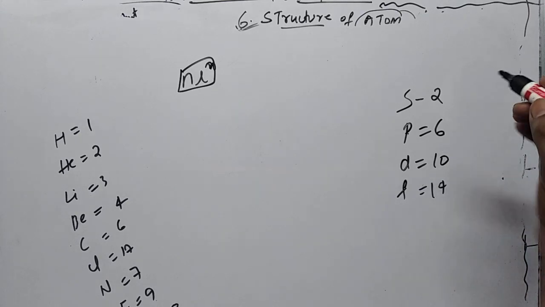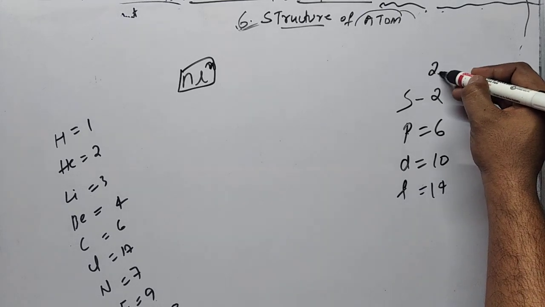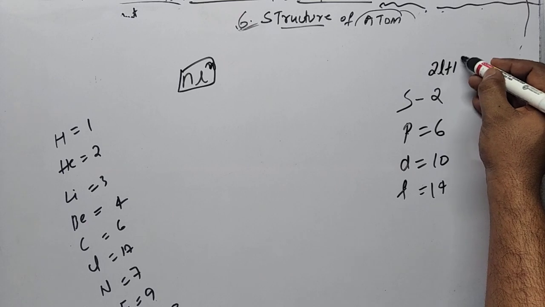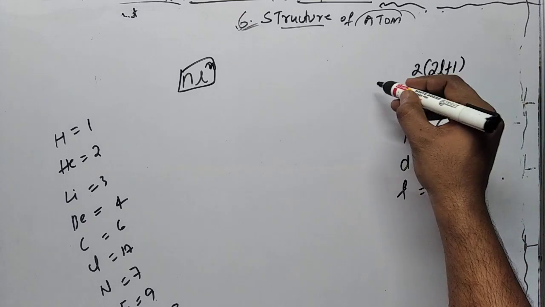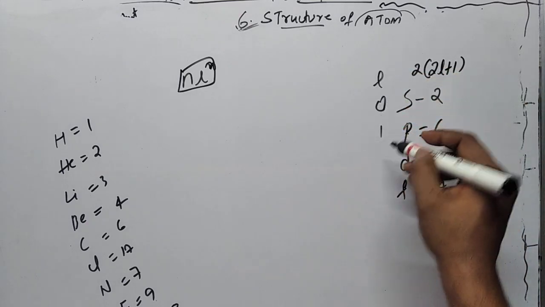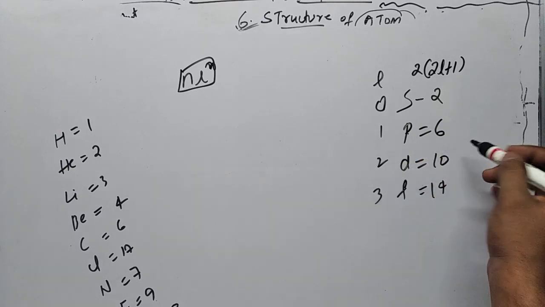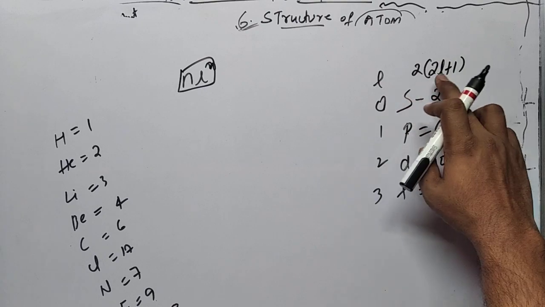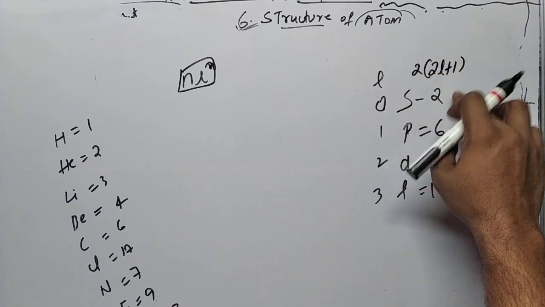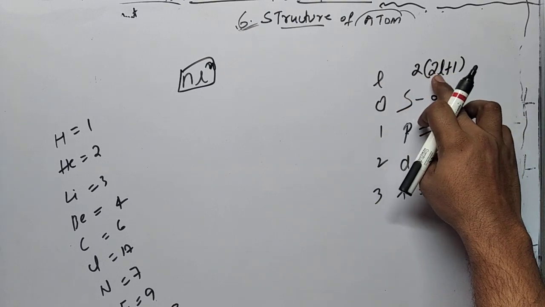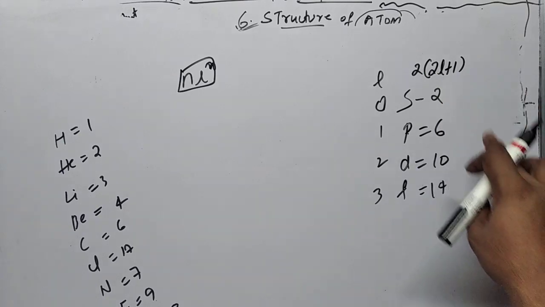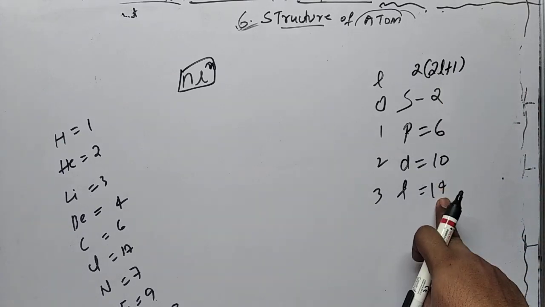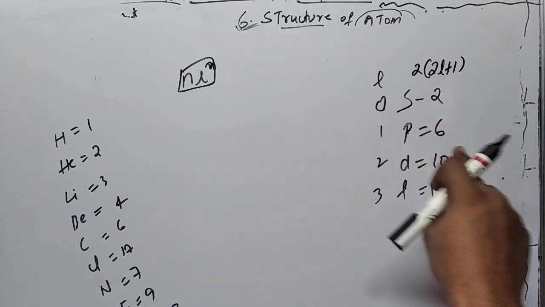This value comes from 2 into 2l plus 1. The l values are 0, 1, 2, 3. If l is 0, we get 2; if l is 1, we get 6. These are the maximum numbers of electrons that can be filled in the respective subshells.